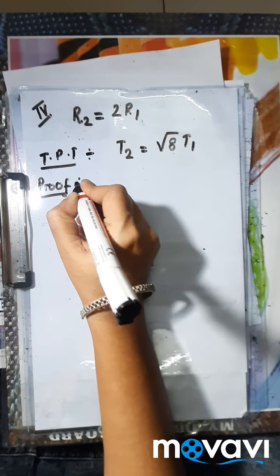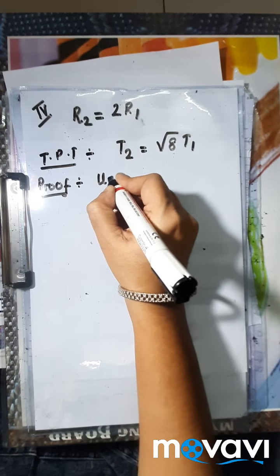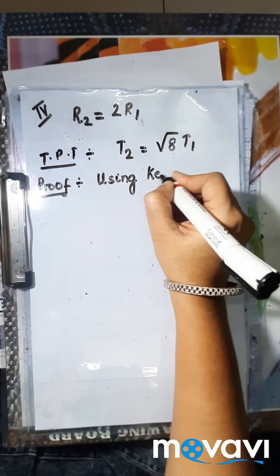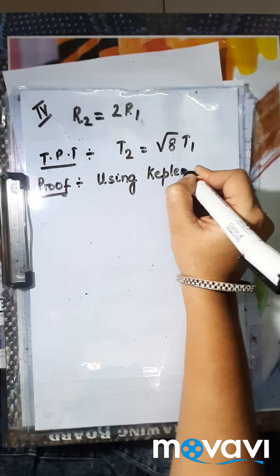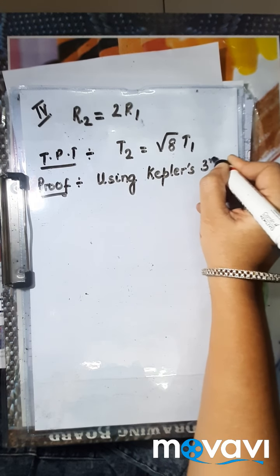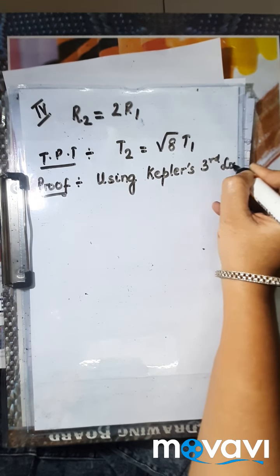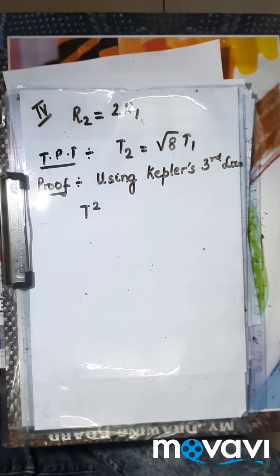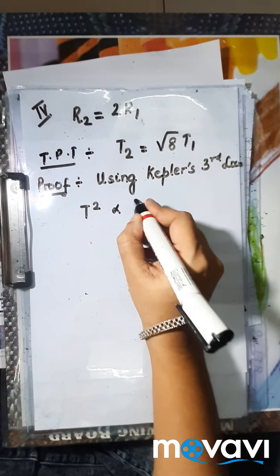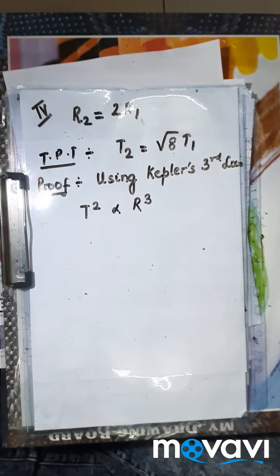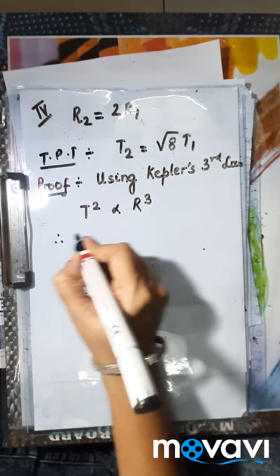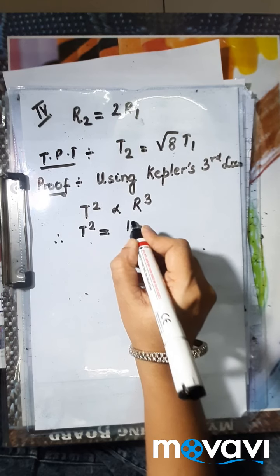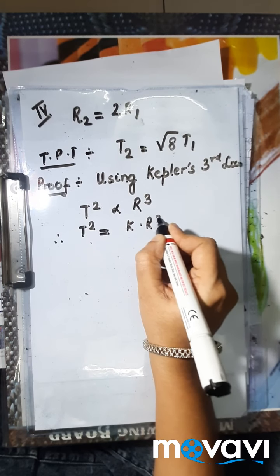Okay, now we know using Kepler's third law, square of the period of revolution is directly proportional to the cube of the distance, right? So therefore t square is equal to k into r cubed.